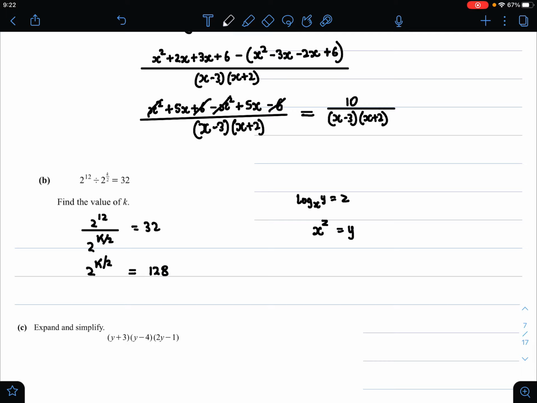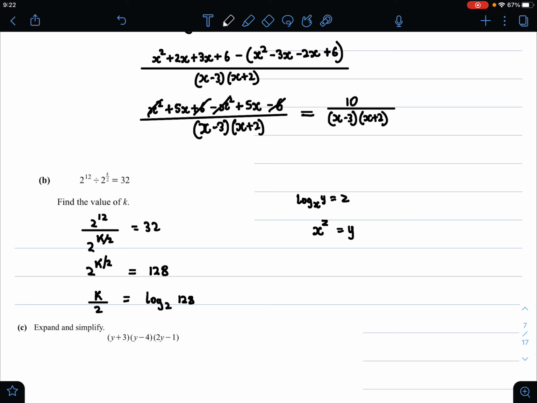So if it is in the second form, you can write it in the log form. Now to find the value of k, we need to write it in the log form. So therefore we write k divided by 2 is equal to log of 128 with the base 2.